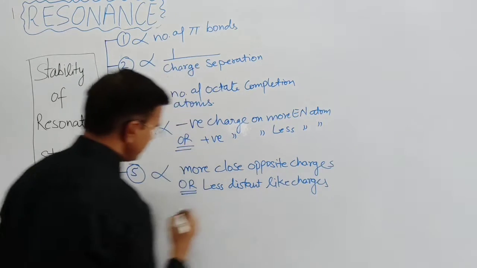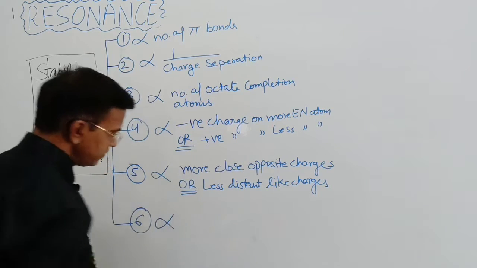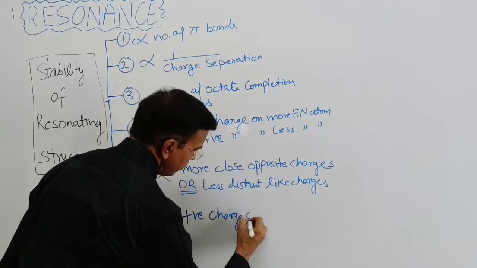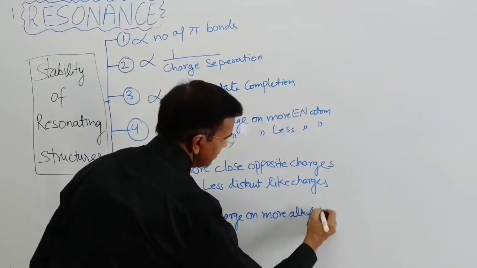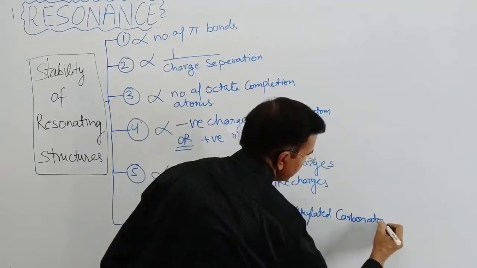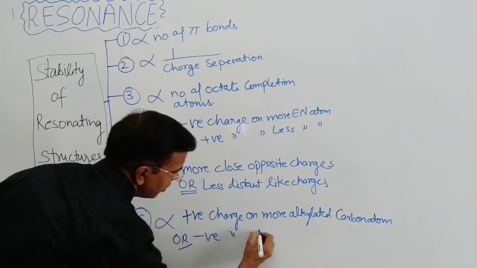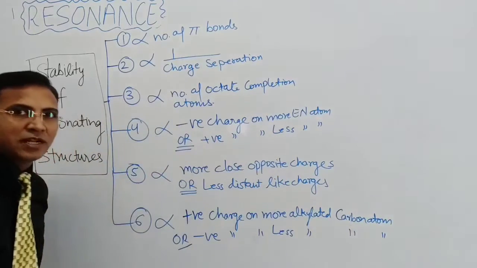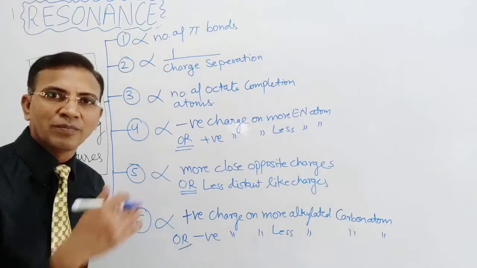Now the sixth is proportional to positive charge on more alkylated carbon atom or negative charge on less alkylated carbon atom. So beta, these are the rules how we can define the stability between the resonating structures of a compound.